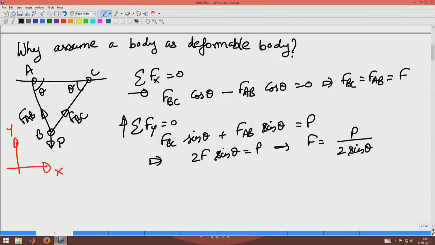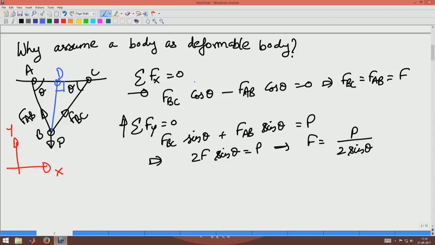On the other hand, now say I add another member here, which is BD. Now, let us rewrite these equations. This is a 90 degree angle here, okay.